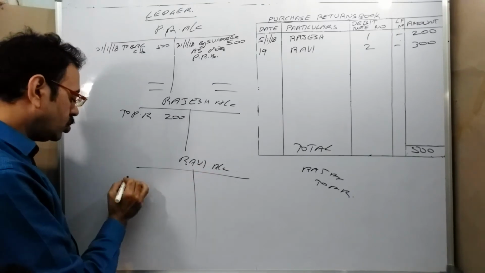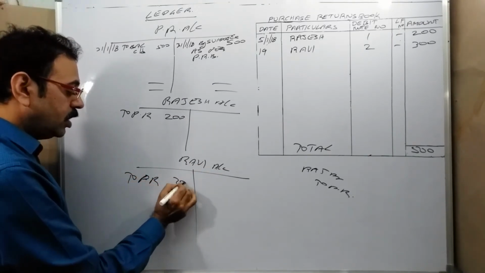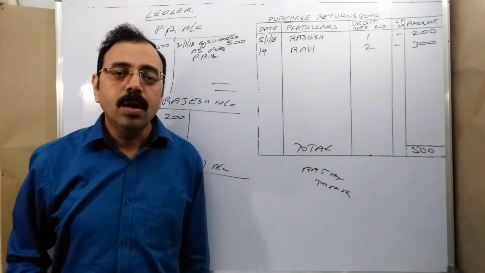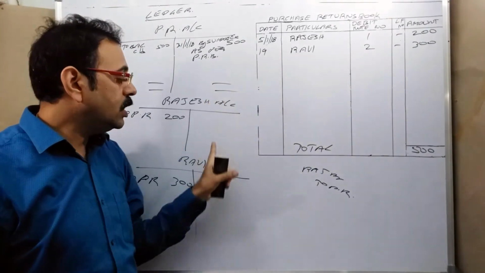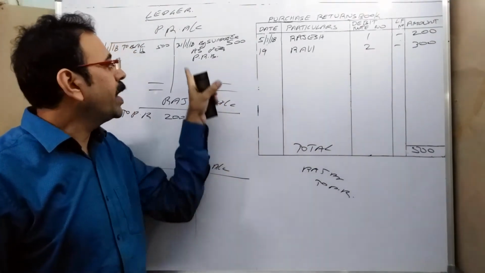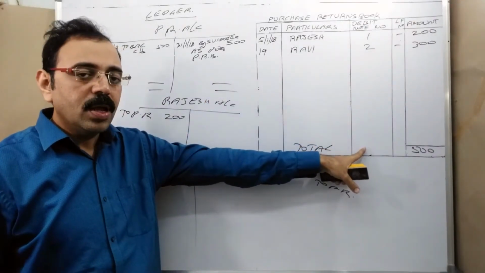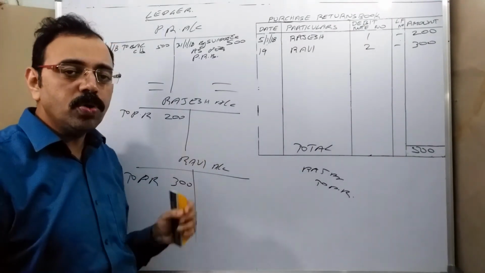Similarly in Ravi account also, to purchase returns 300 rupees. So be clear with this point. In case of purchase returns book, in purchase returns account we post the total on the credit side, and in individual suppliers' accounts we post them on the debit side.